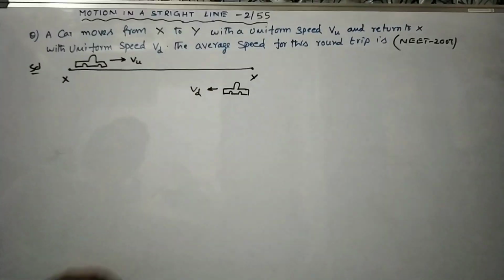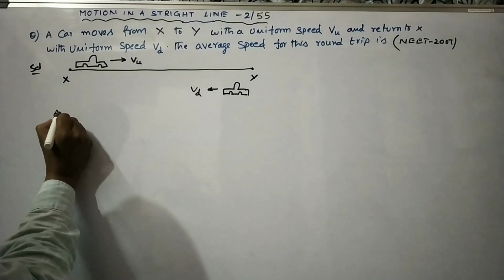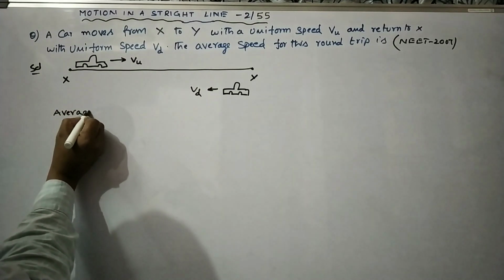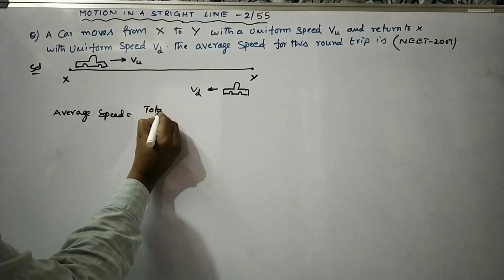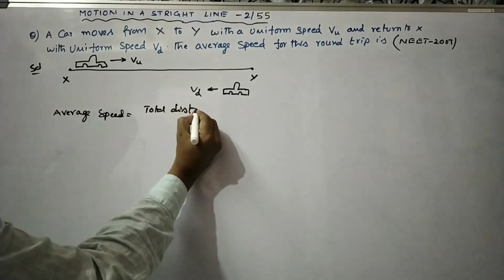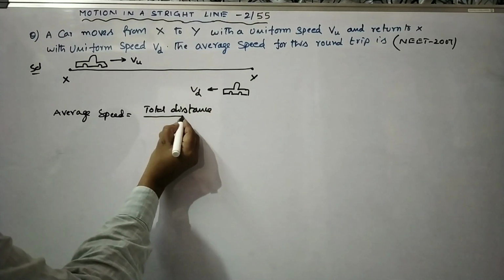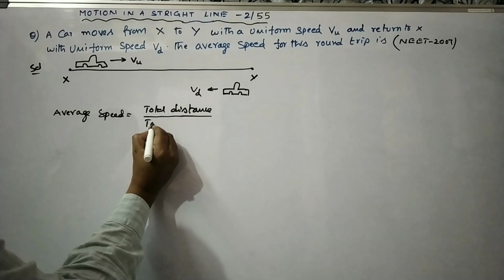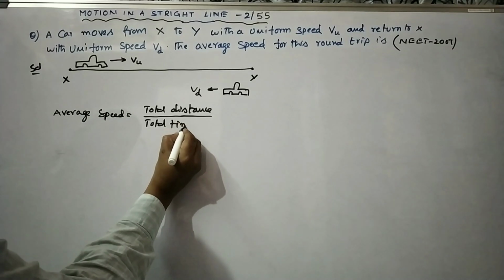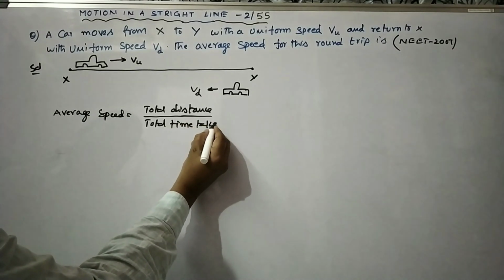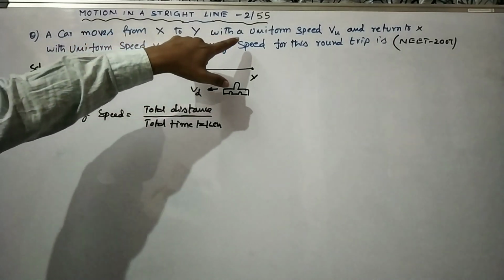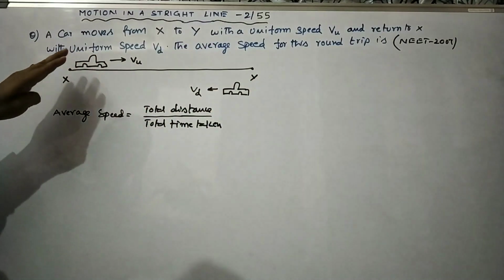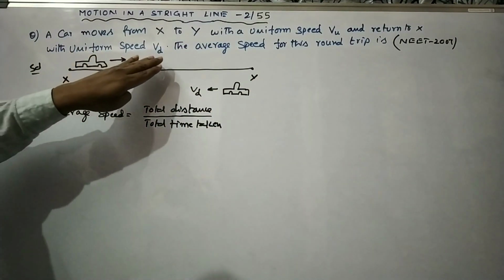The average speed for this round trip is... first, what is average speed? Average speed is equal to total distance traveled by the body in the entire journey to the total time taken. The car moves from x to y with uniform speed vu and returns to x with uniform speed vd.